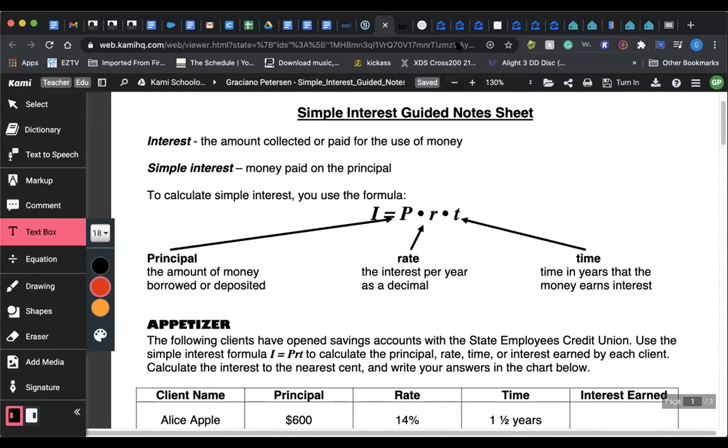All right, so we're working on this simple interest formula. Interest, of course, is the amount of money collected or paid for the use of money. When do you have to pay interest? What's an example of when you have to pay interest?